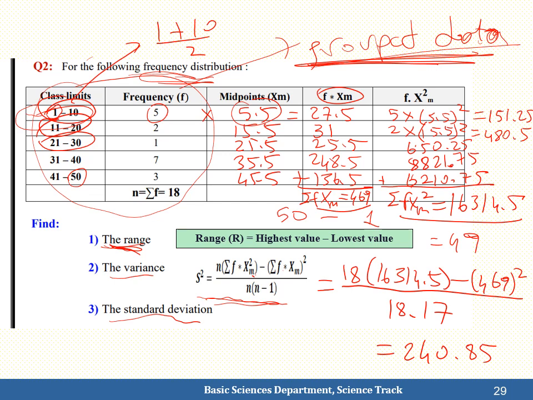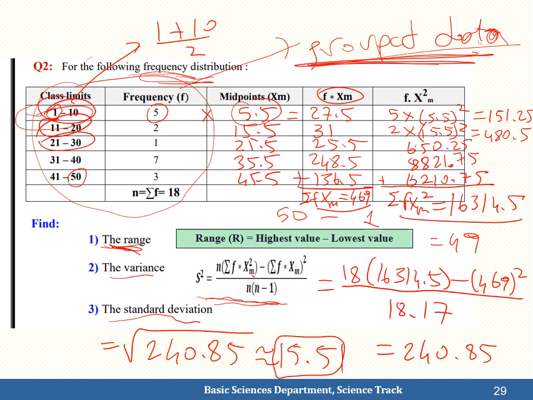Okay. Then the standard deviation will be the square root of 240.85, which is approximately 15.5. So this is the standard deviation.